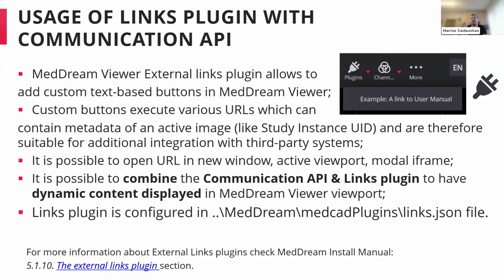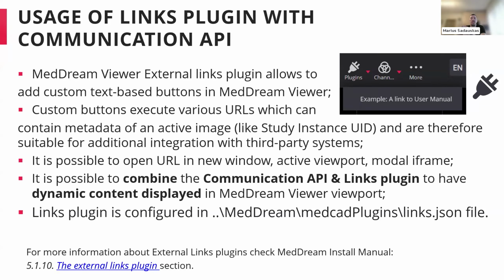And you can form a specific URL and, for example, send it to your third-party system and open it either in a new window, in the active viewport, or in the modal iframe, depending on how you want to do this. So this is one way how from MedDream you can open an external system.